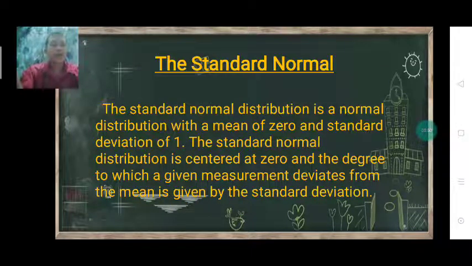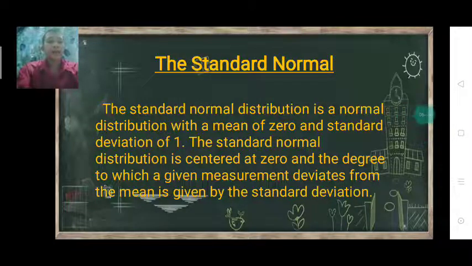The standard normal. The standard normal distribution is a normal distribution with a mean of 0 and a standard deviation of 1. The standard normal distribution is centered at 0, and the degree to which a given measurement deviates from the mean is given by the standard deviation.